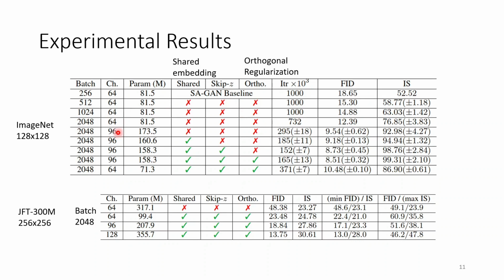Because you see, SAGAN is a convolutional-based GAN plus an attention layer. So the number of channels is a hyperparameter for the convolutional network, so it also can be tuned. If they increase the number of channels, the number of parameters increases significantly from 81 million to 173 million.